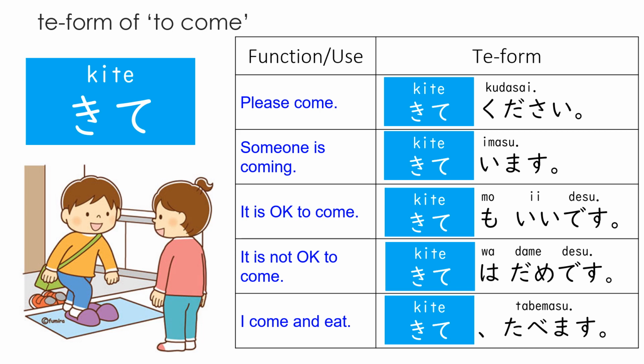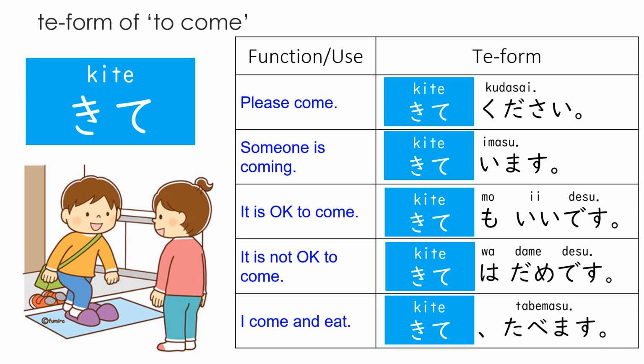Okay, the next example is the form of the verb to come, which is 来て. So please come is 来てください. Someone is coming. 来ています. It is okay to come. 来てもいいです.